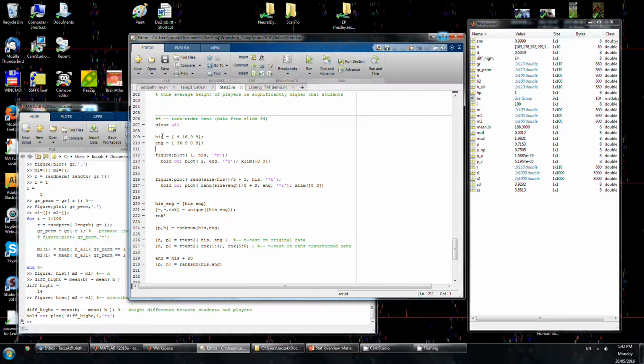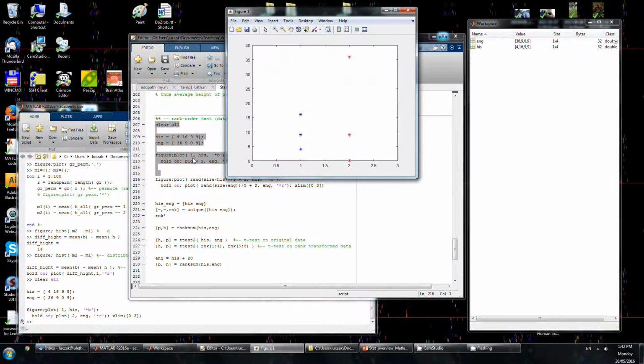If we have two different vectors, they can be of different size, so in one group there could be many more numbers than in the other group. What we can do is plot this data.